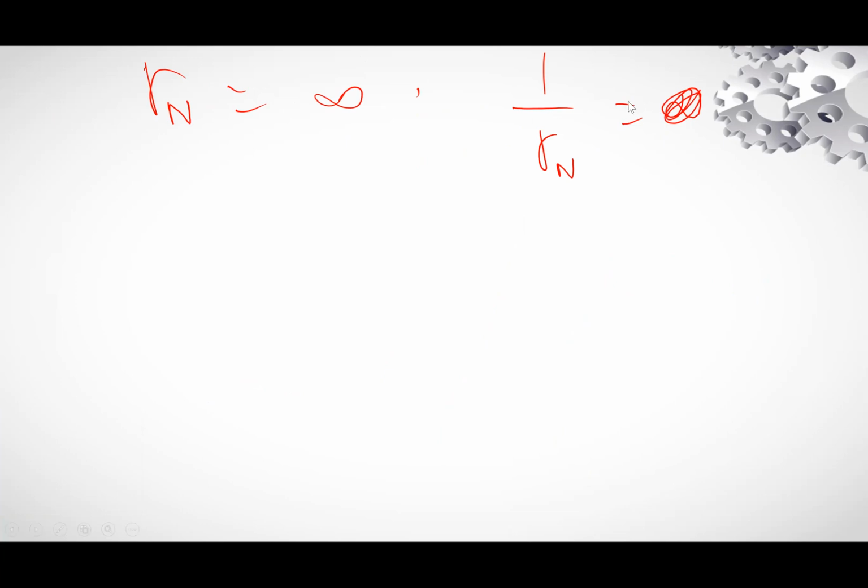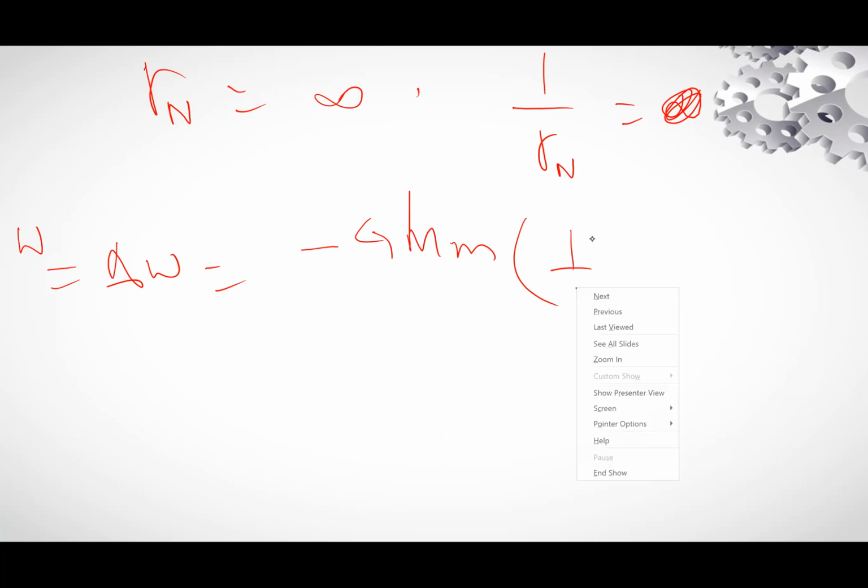So write delta W, our work from the first point to infinity, will be minus GM m times 1/R1. When Rn is at infinity, R1 should be taken equal to the radius of Earth.